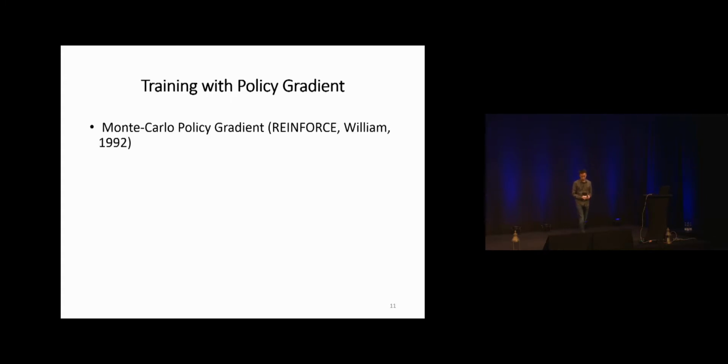For training, we use the Monte Carlo policy gradient, also known as REINFORCE, to train our agents. The training objective is to maximize the expected value of the cumulative reward that the agent can get from one episode of path finding.